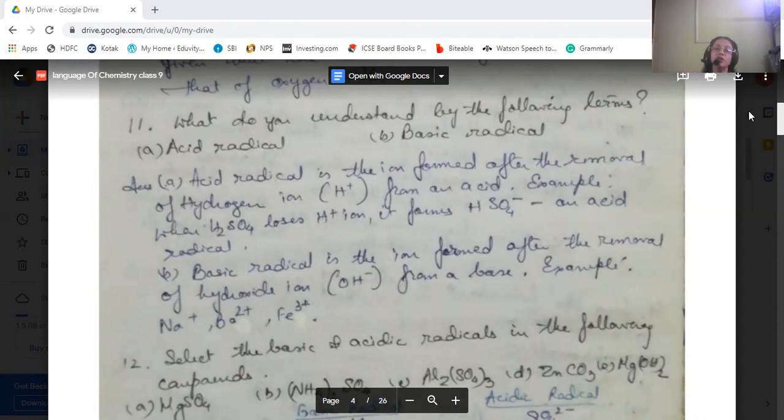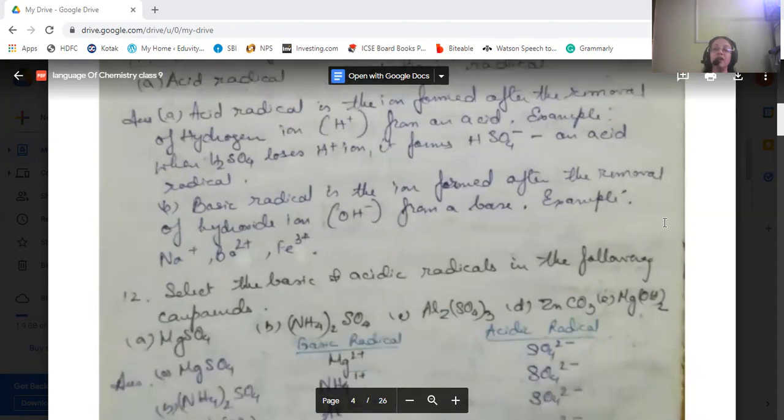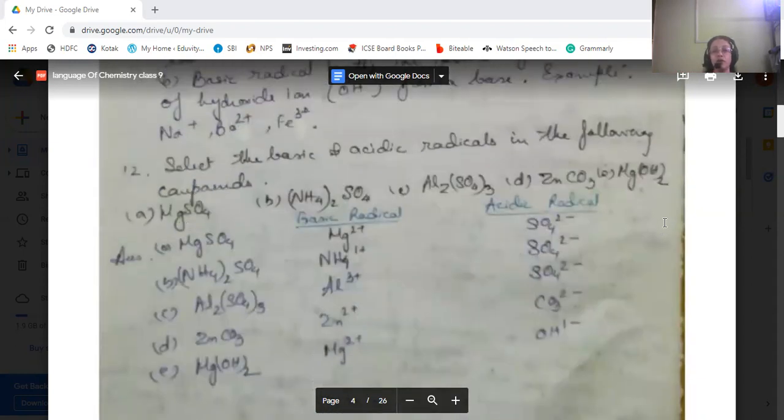Okay. Now, select the basic and the acid radicals in the following compounds: magnesium sulfate, ammonium sulfate, aluminium sulfate, zinc carbonate, and magnesium hydroxide. Now, in magnesium sulfate, Mg2 plus is the basic radical.